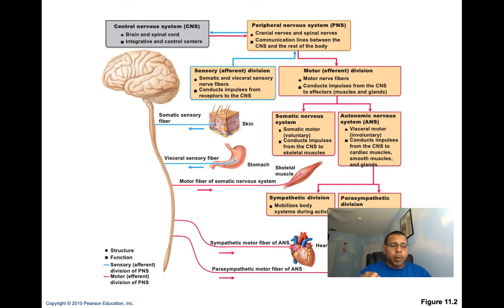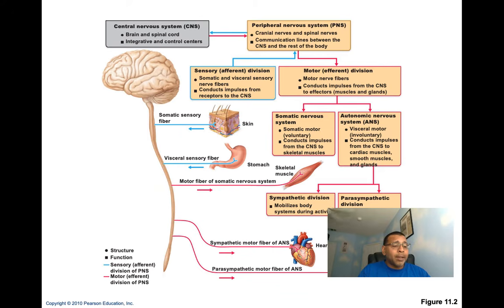Now, when we talk about the peripheral nervous system, or the PNS, the peripheral nervous system is the nervous system outside the CNS. So everything outside the central nervous system, which is mainly nerves, which are bundles of axons found extending from the brain and spinal cord.